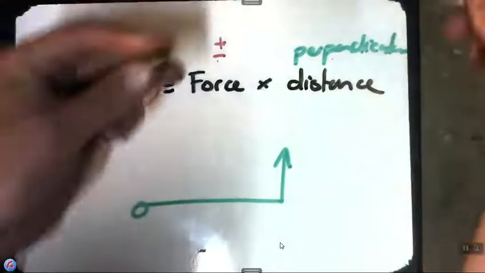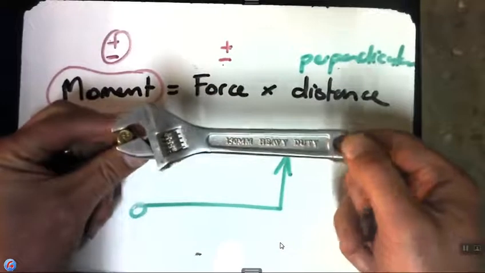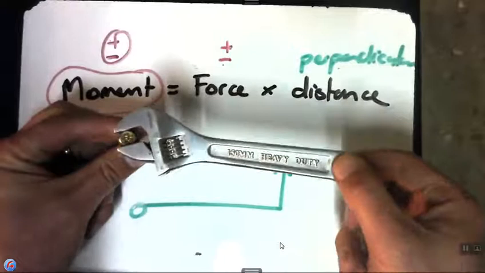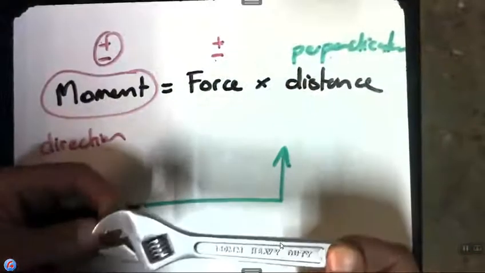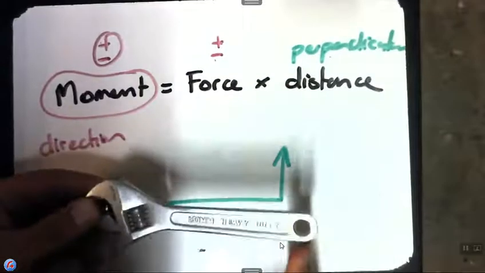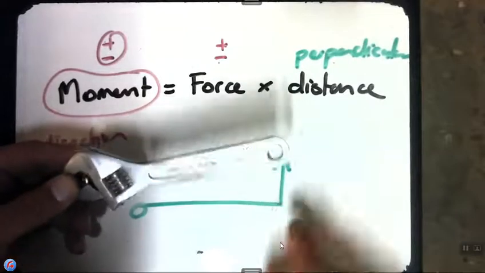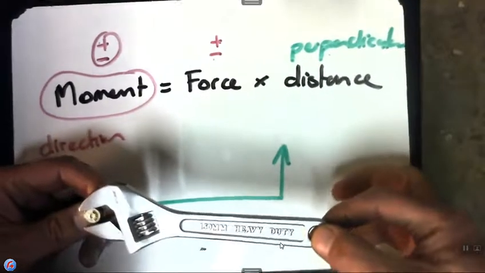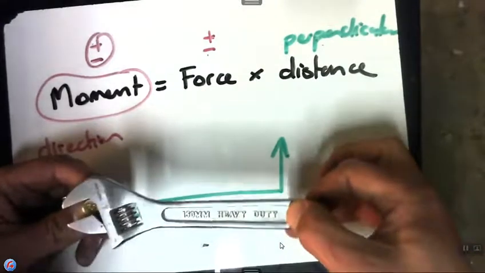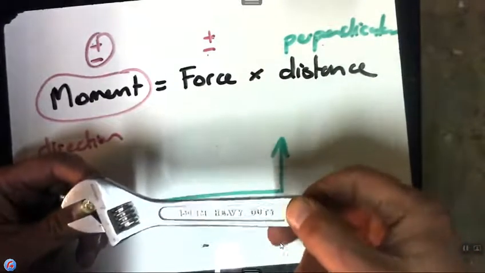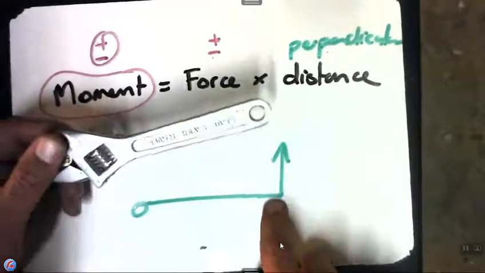So if we look at this, I'm applying a force downwards. If I push upwards here, the force is perpendicular. If I just pull on it, it's not going to turn. If I push on it, it's not going to turn. So any force in line with this beam or this distance is not going to have an effect.